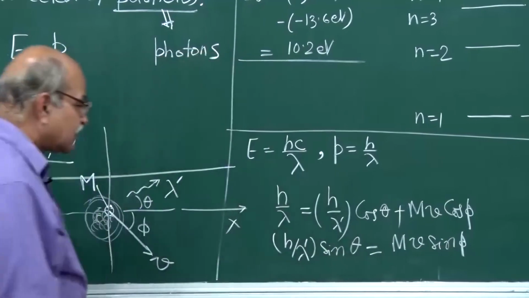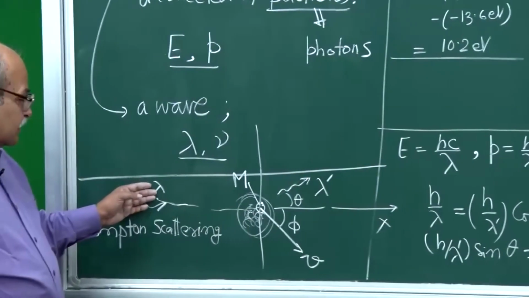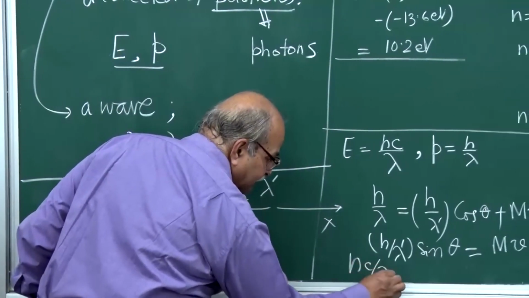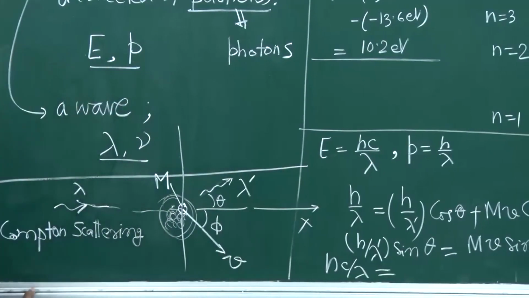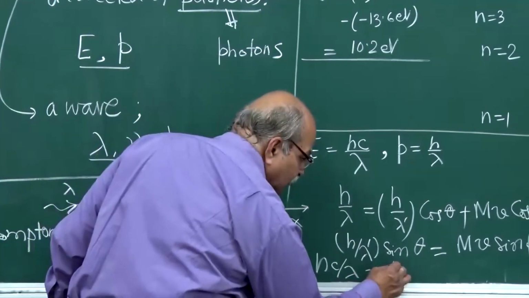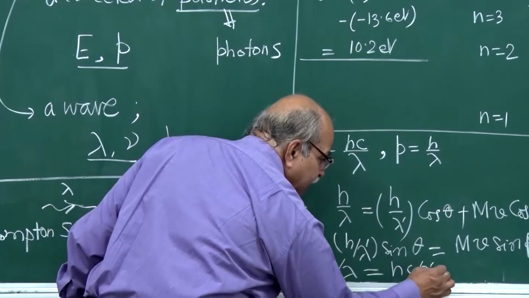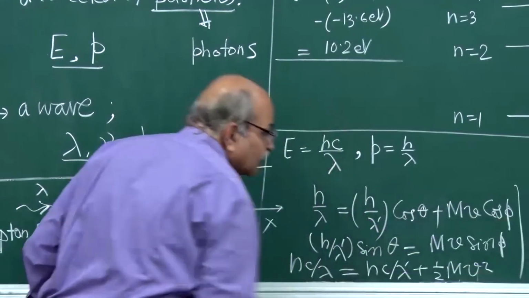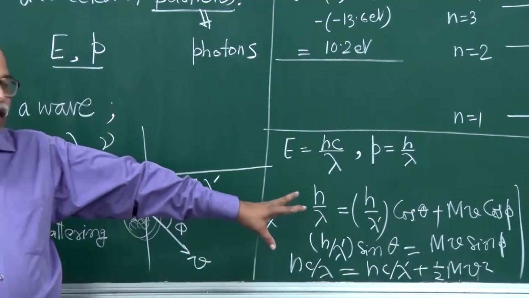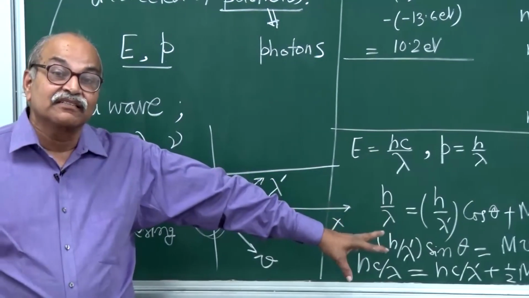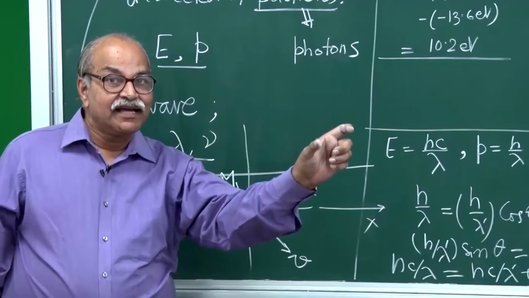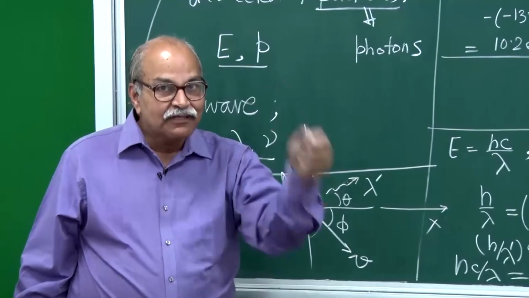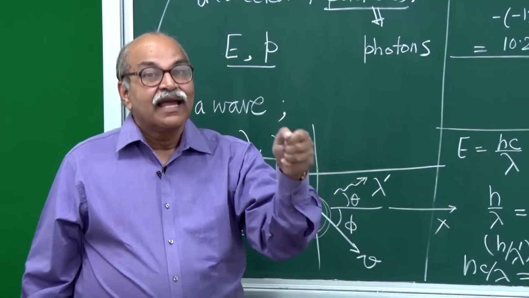And finally, the energy conservation. Here the energy is hc over lambda, and here the energy is hc over lambda prime plus half m v squared. So see how I am using the particle dynamics here. This X-ray is treated as a collection of particles, a collection of photons, one photon colliding with one electron at a time.